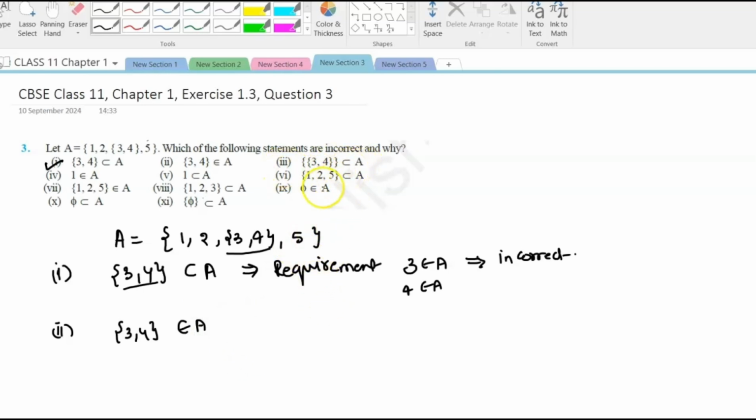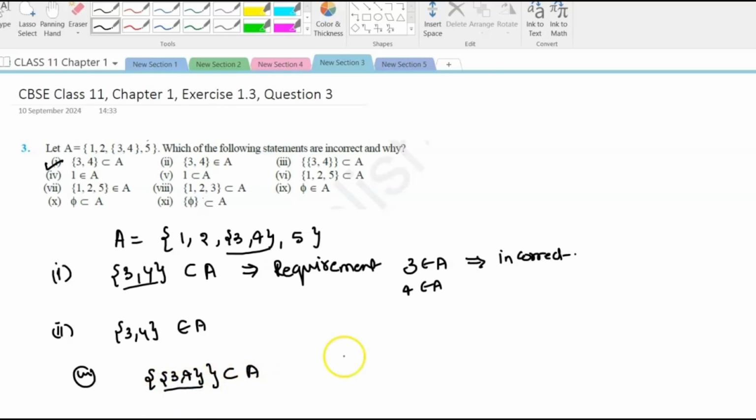And then the third option says that set {3, 4} is a subset of A. Okay. Again, what is the definition of subset? It is that every element of the set should belong here. So, what is the element of this set?